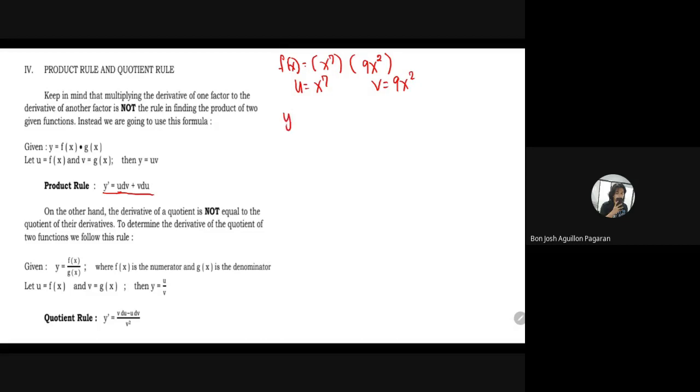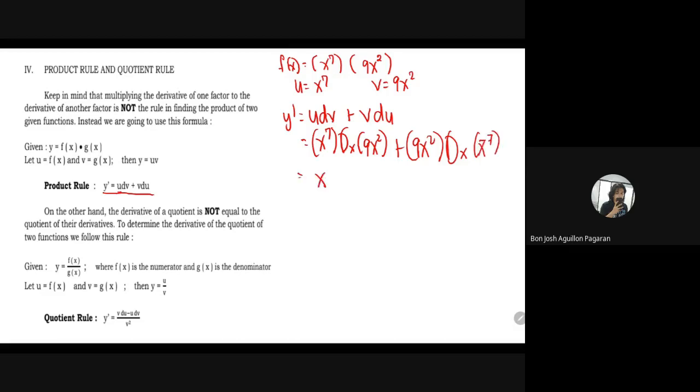So nasabi ng definition will be u, the derivative of v, plus v, the derivative of u. So our u is x raised to the power of 7 multiplied by the derivative of, dx po yan ha, 9x squared plus the v which is 9x squared multiplied by the derivative of x raised to the power of 7.